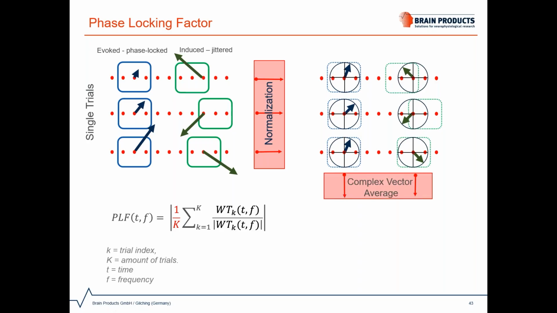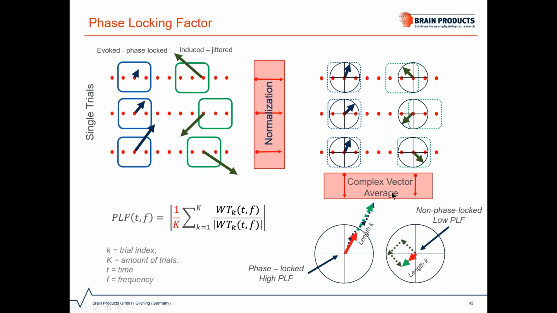Therefore, if phases that are locked to the stimulus occur at the same time across segments or in many trials, these phases will add up to a long vector average. If the phases are randomly distributed, as in the case of the induced response, the resulting vector of the concatenation will be small, indicating a low level of phase locking.